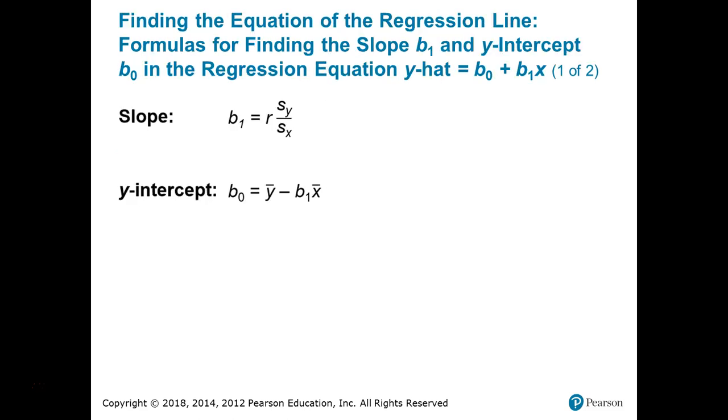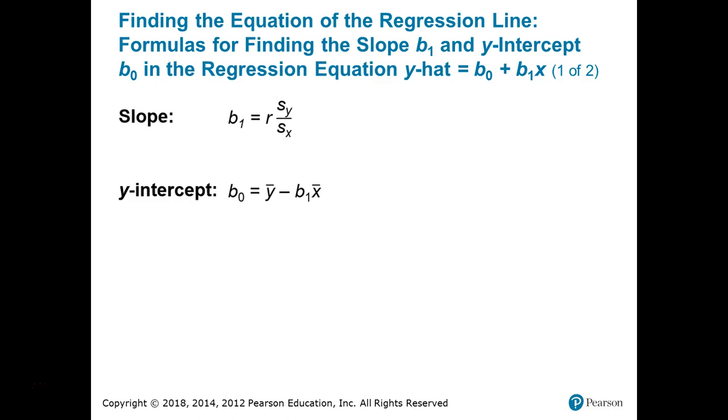So for finding your slope and your y-intercept, you have your equations over here. b1, which is your slope, is r multiplied by the standard deviation of y divided by the standard deviation of x. Because standard deviation is the measure of variation, it makes sense that it would give you something between all the data points.